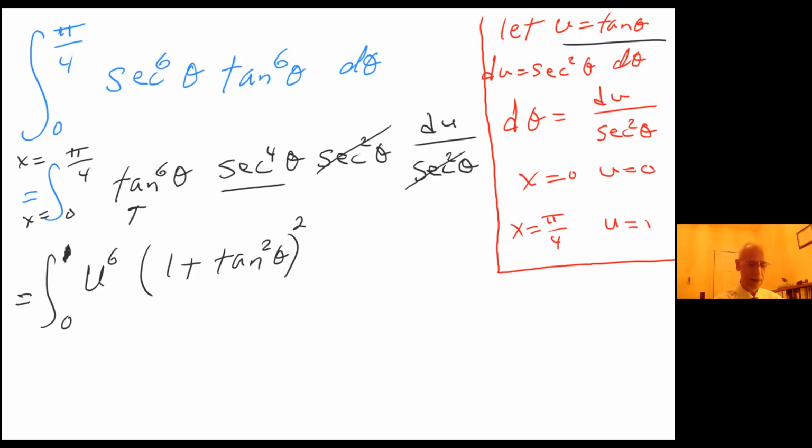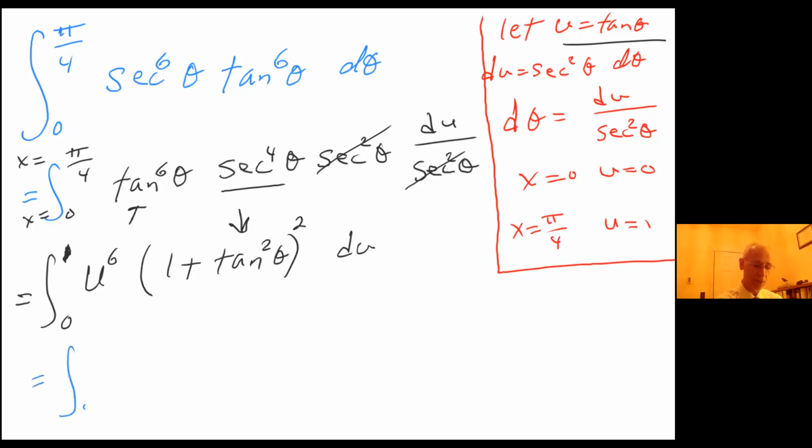Okay, so now d theta, actually I changed this to du. So therefore, now I can rewrite this tangent in terms of u. Once again, I'm showing every step there is.